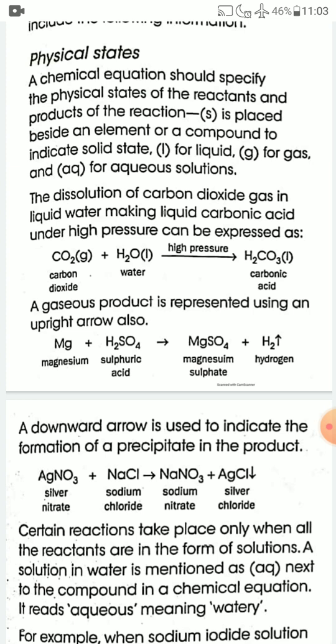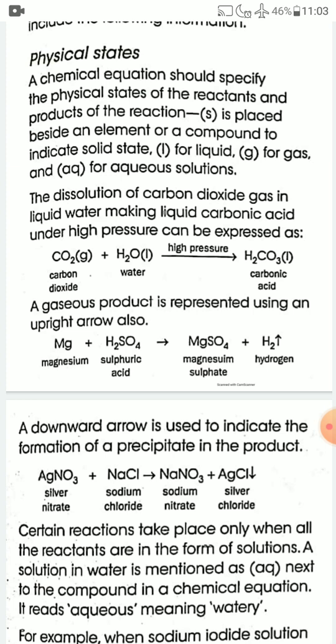For example, the dissolution of carbon dioxide gas in liquid water making liquid carbonic acid under high pressure, the reaction can be expressed as CO2 within bracket G, meaning gas, plus H2O within bracket L. Water is liquid, that's why you have to write L beside H2O.